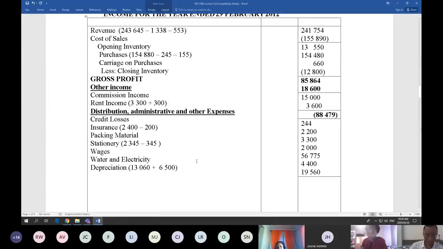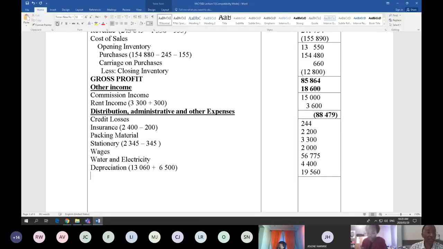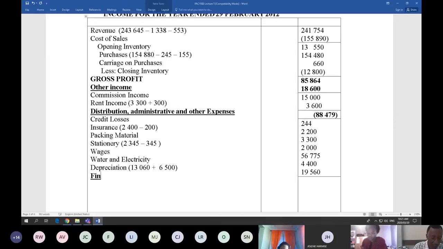Right, guys, we are still continuing with our statement. Our next item, our next heading, is the heading for our finance cost. And under your finance cost, guys, remember finance cost?